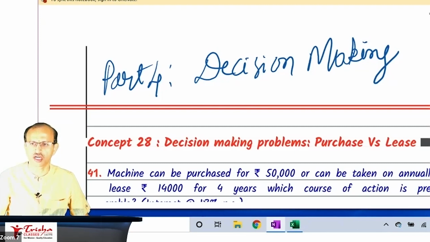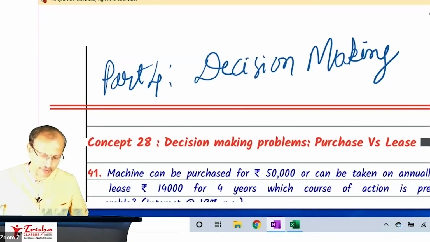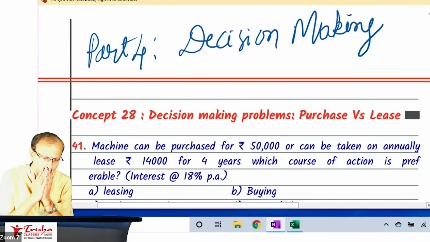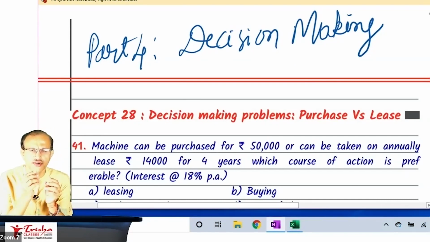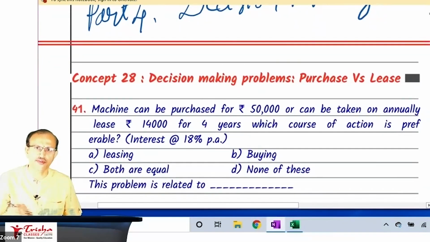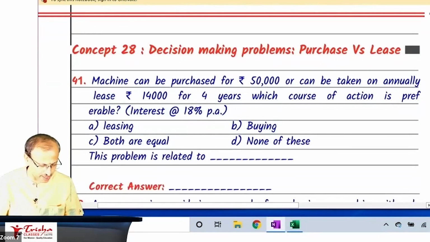Please make a note that depreciation is a part of your compound interest logic only. What this decision making is about and how it is going to come, I'm going to take an example. Here you really have to understand TVM, time value of money. Let us look into decision making problems, then I will explain with an example how we should apply it.